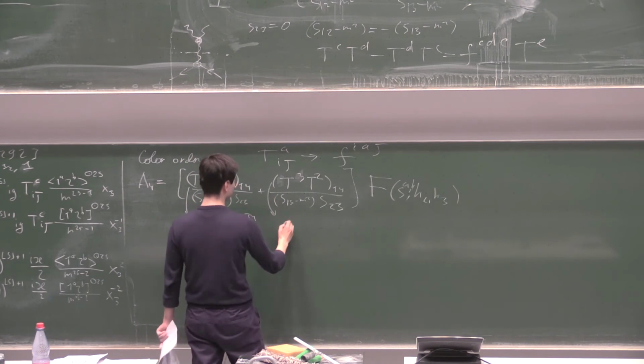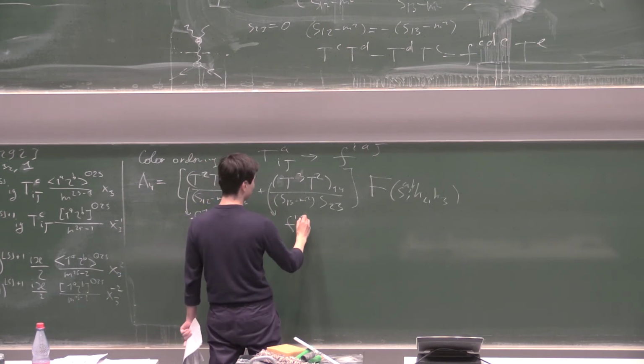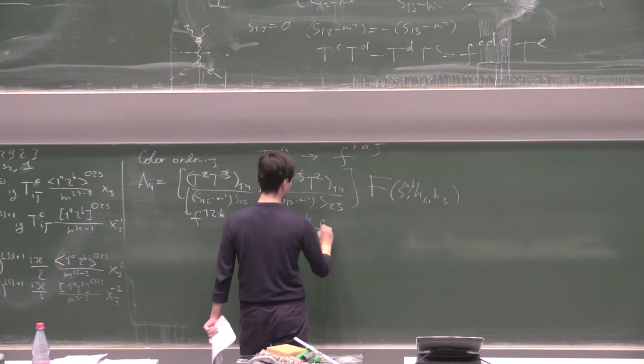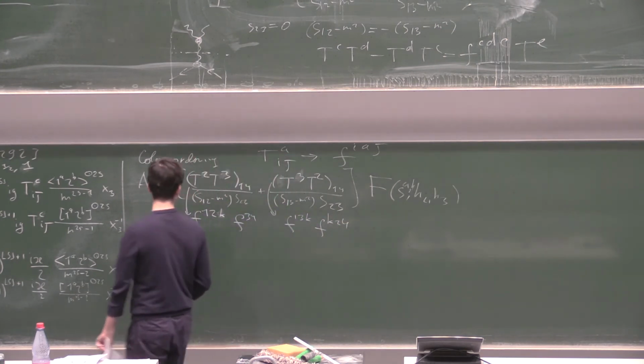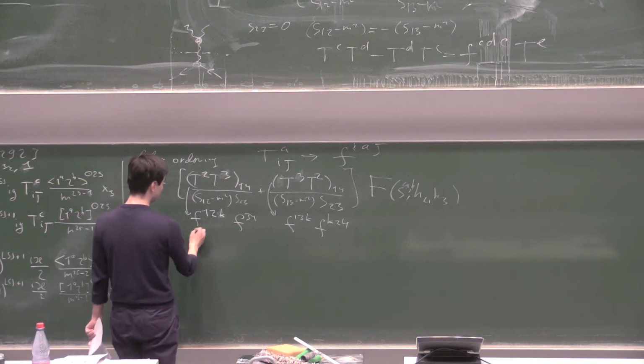And this color structure becomes 1, 3, K, F, K, 2, 4.